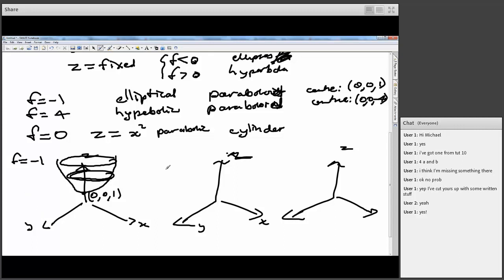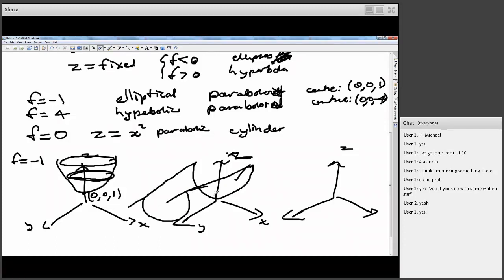So for f equals 0, it's a parabolic cylinder. So I'm just going to ignore the y value for a moment. Otherwise, z equals x squared is just a parabola, which looks something like that. That's a parabola, and it's the same for all y directions.